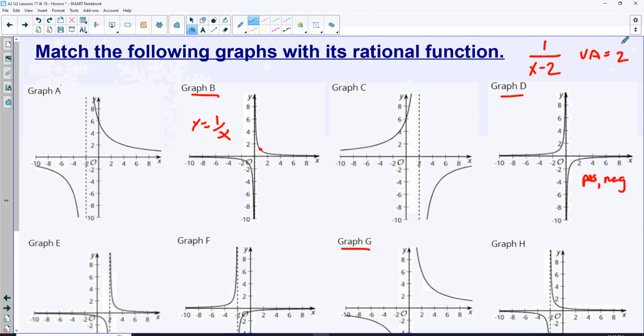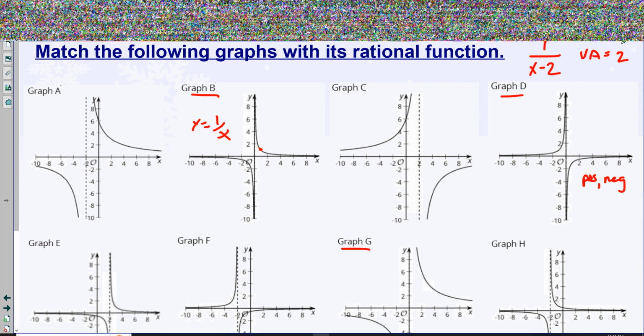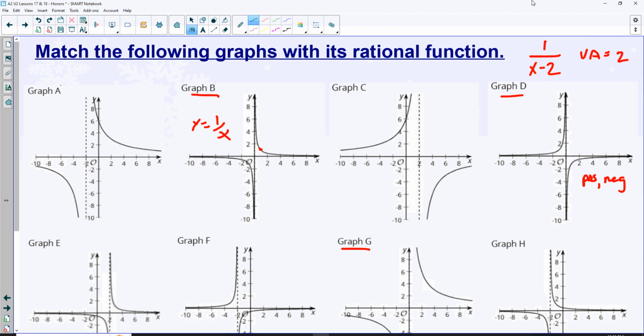Zeros of a function, that's all part of this. But now we're saying that getting a 0 is a bad thing because you can't divide by 0. So which graphs have a vertical asymptote of 2? It looks like it's going to be graph C. Let's highlight this in red. It's going to be graph C or graph E.